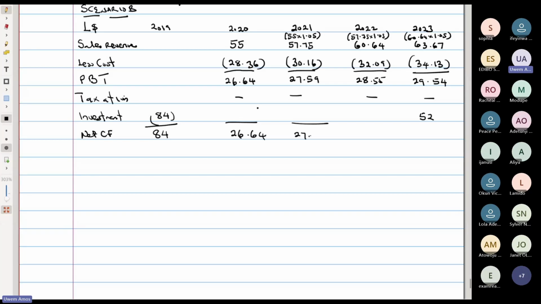This is 27.59. This is 28.55. And then the last one, 29.54 plus 52, 81.54. So you can see that it's pretty straightforward once you know the concept, and it's faster. Unlike when we were explaining everything from the very start in scenario A, it took hours, but you could see that we're already at this point in scenario B.